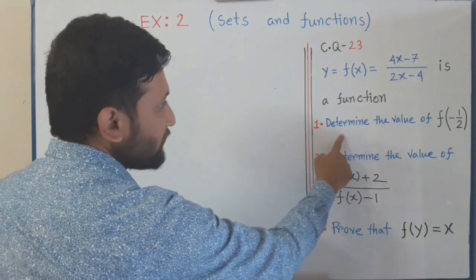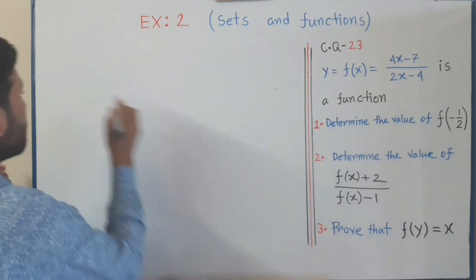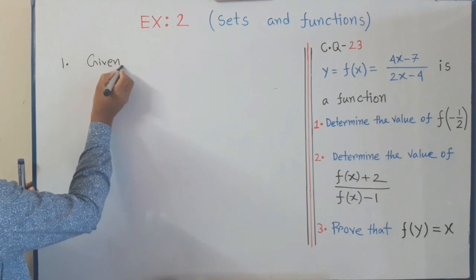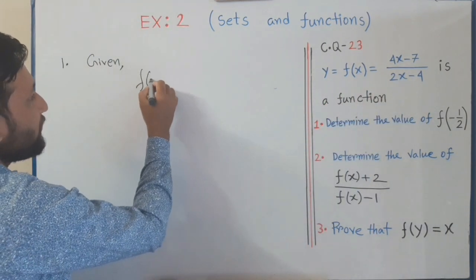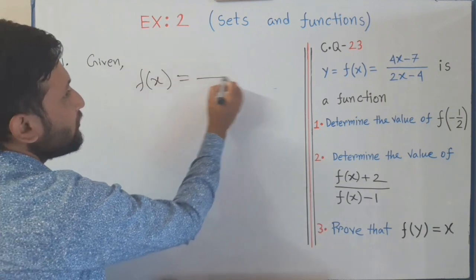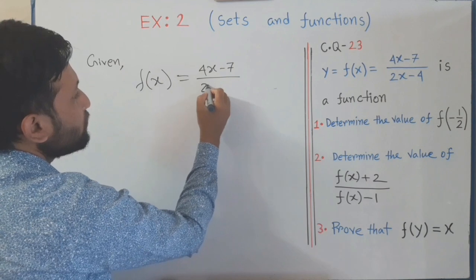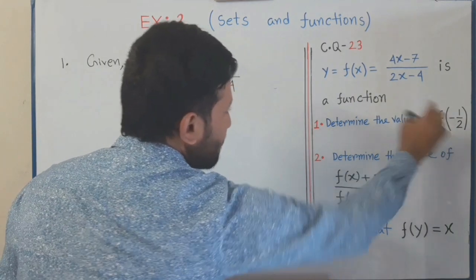To solve the first one, at first write down the given part from the scheme. Here see that for the first one, given f of x equal to this function, that means f of x equal (4x minus 7) divided by (2x minus 4). But we need to identify the value of f of minus half.